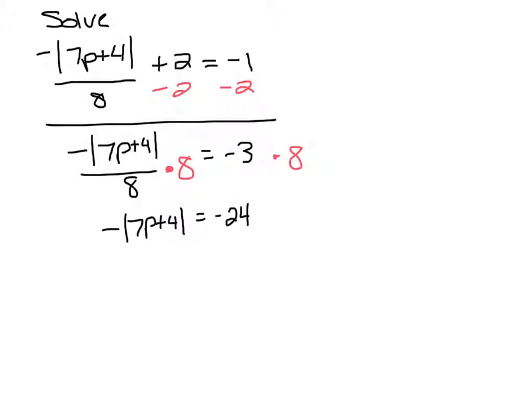Now we need to get rid of this negative. So I'm going to divide both sides by negative 1. Alright, now the absolute value is isolated. We can split into two equations, one positive, one negative.